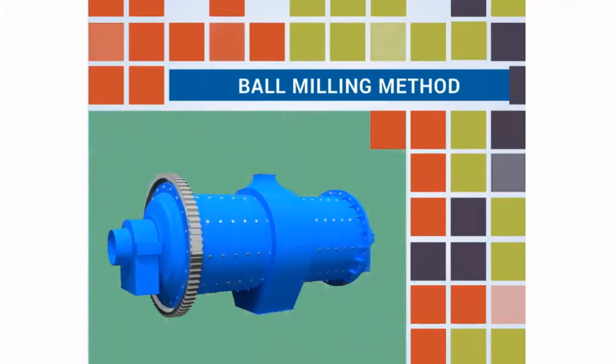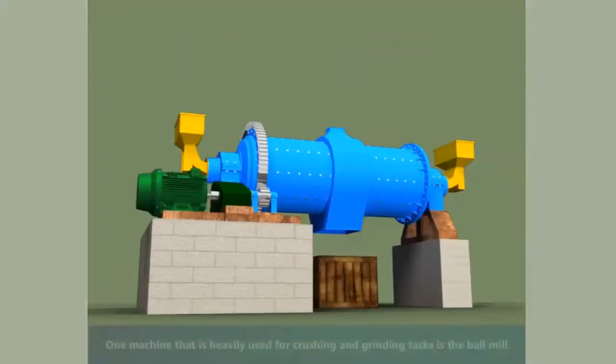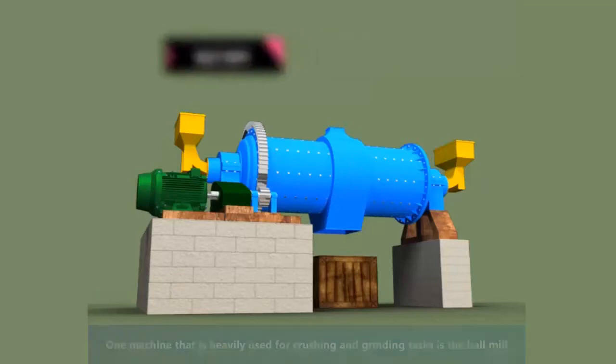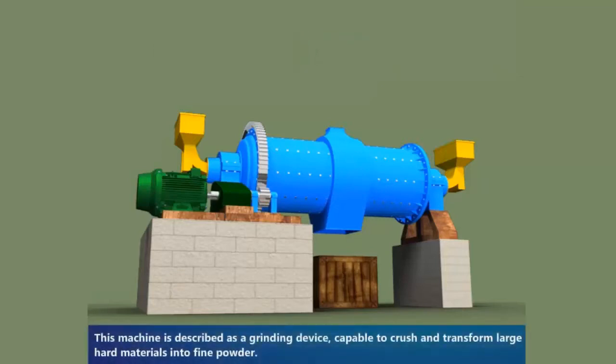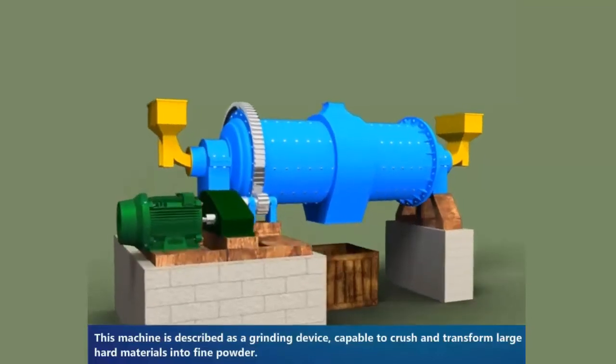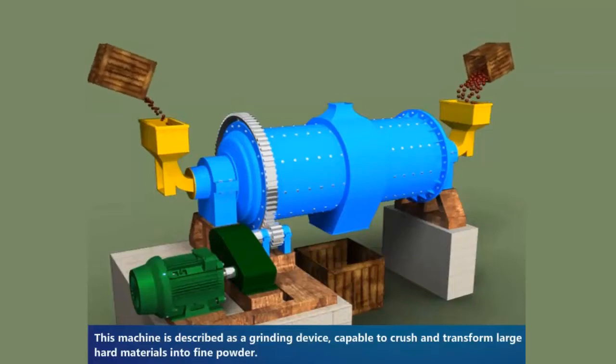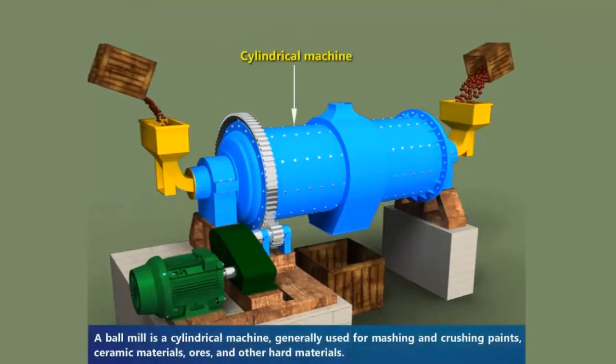Ball milling method. In this video, we are going to see about the ball milling method. One machine that is heavily used for crushing and grinding tasks is the ball mill. This machine is described as a grinding device capable of crushing and transforming large hard materials into fine powder. A ball mill is a cylindrical machine generally used for mashing and crushing paints, ceramic materials, ores, and other hard materials.